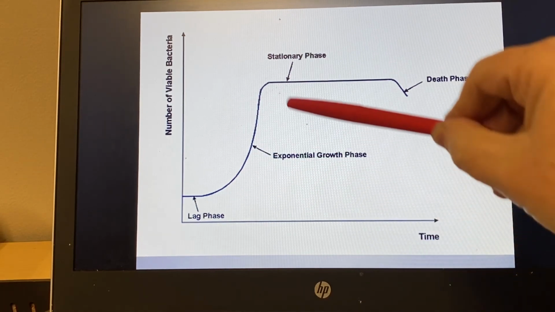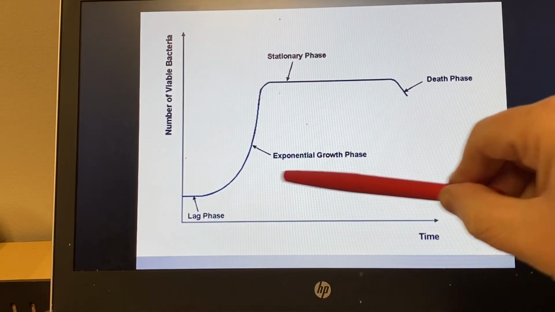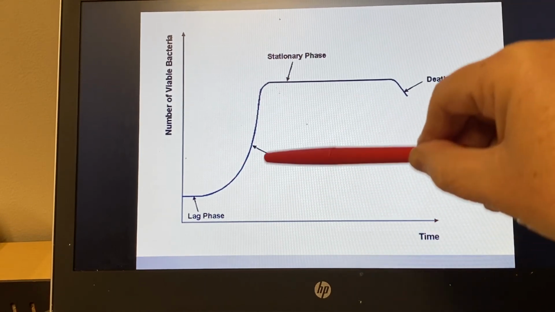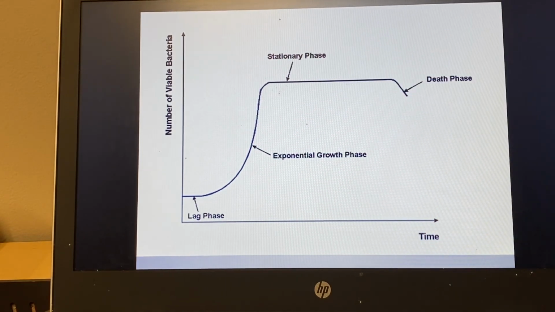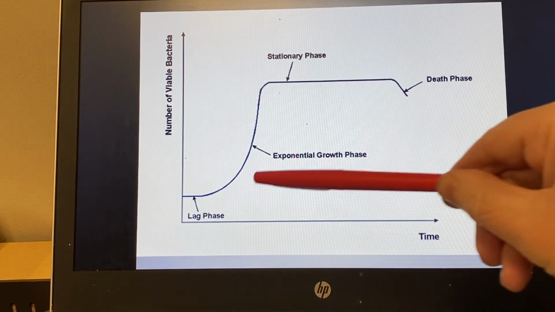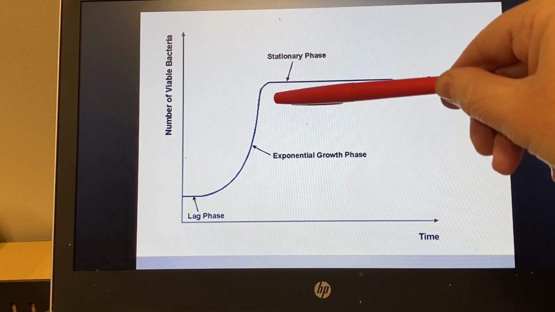This is the exponential or log phase. You notice it goes up really fast. And it happens really fast because bacteria can reproduce and go through their binary fission cycle in 20 minutes. So this is going to keep going and going until things are no longer perfect.